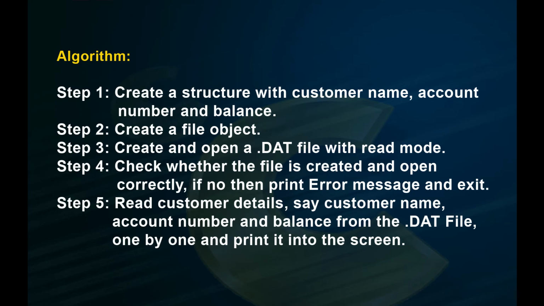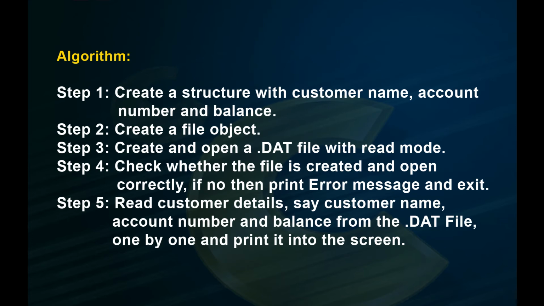Now, let us move to the second part of this program to understand reading from a .dat file. See the algorithm. Step 1, create a structure with customer name, account number and balance. Step 2, create a file object. Step 3, create and open a .dat file in read mode.